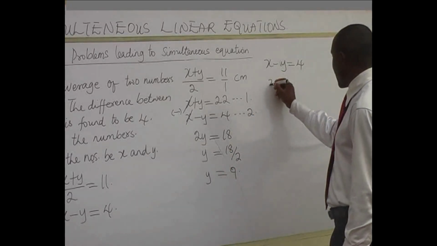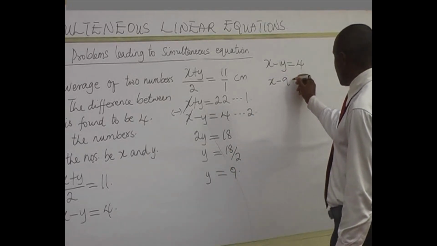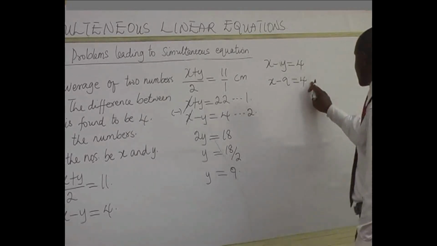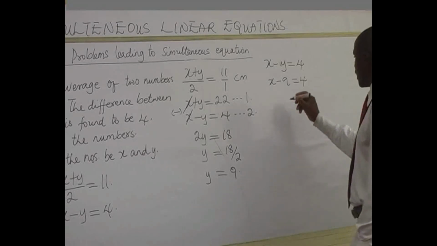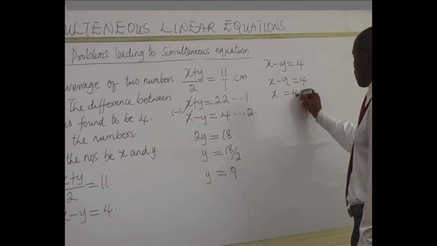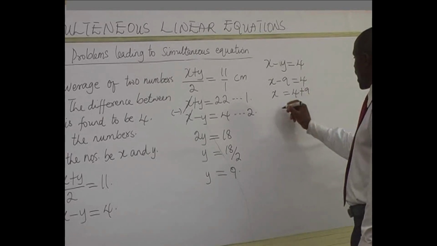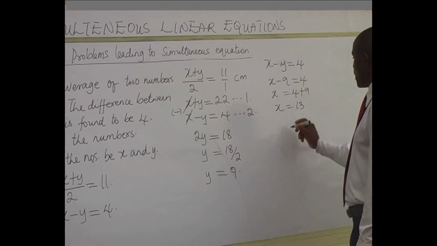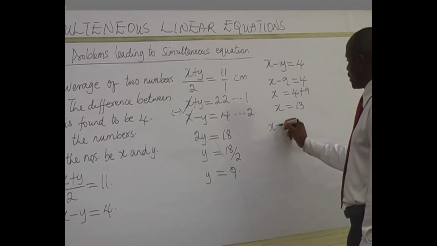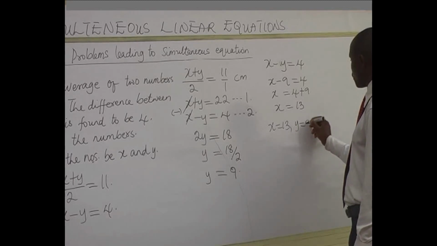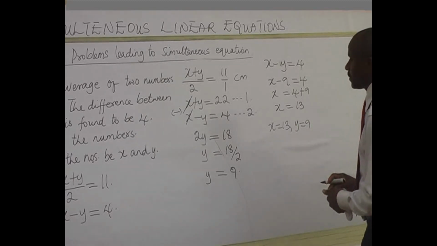So we are going to have x minus 9 is equal to 4. Take minus 9 to the other side of the equation to change to plus 9. You'll be left with only x in the left hand side, and it's going to be equal to 4 plus 9. And 4 plus 9 is 13. That means x is equal to 13, while y is equal to 9.